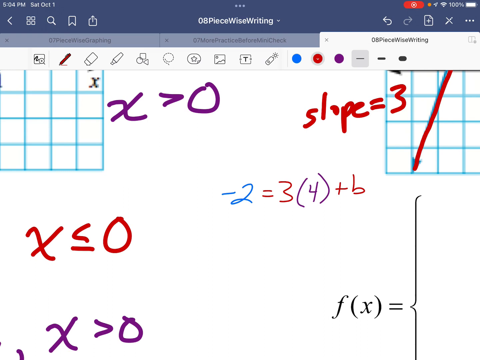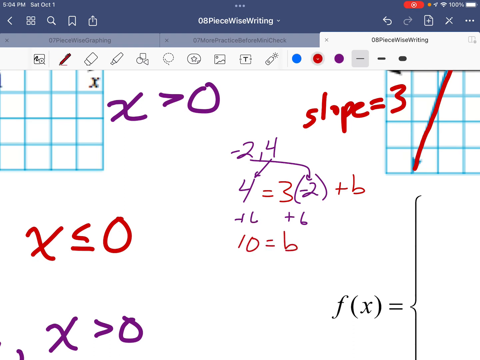Oh, darn it, I plugged these in backwards. Okay, careful. We're plugging in the point -2, 4. So we want to plug 4 in for y, but we want to plug -2 in for x. Now when you add 6 to both sides, you're going to get b equals 10.